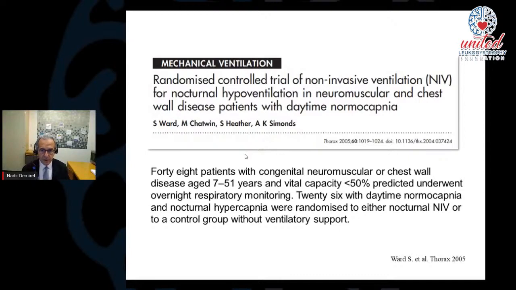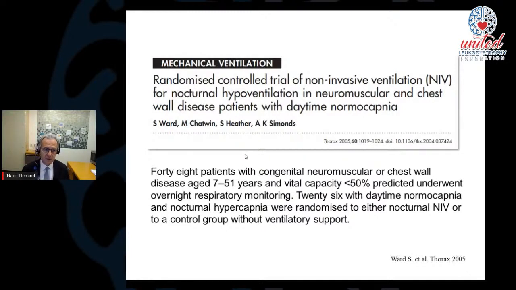All of them had low vital capacity, which means they were significantly impaired. They underwent overnight respiratory monitoring. 26 of them had daytime normocapnia and nocturnal hypercapnia. So their carbon dioxide was high only during sleep. They were randomized to either get non-invasive ventilation or nothing.